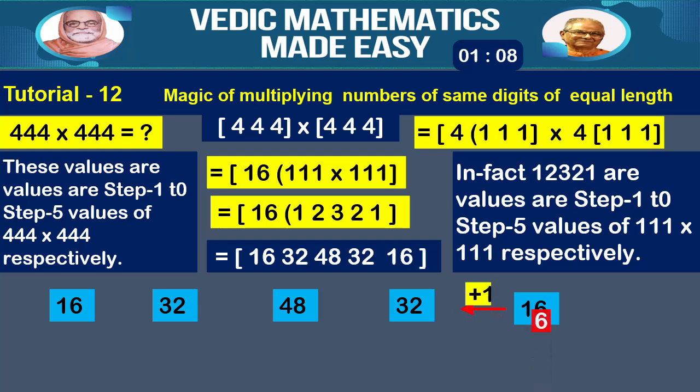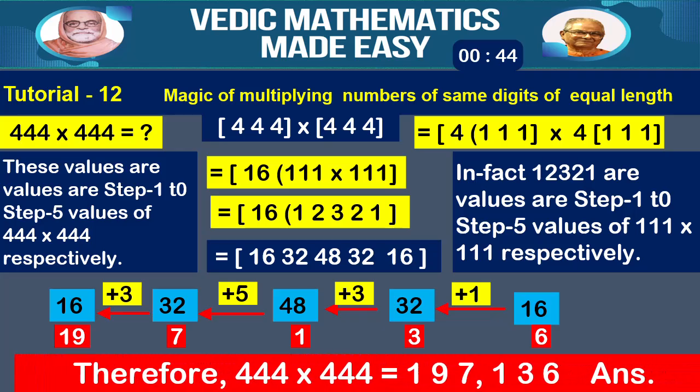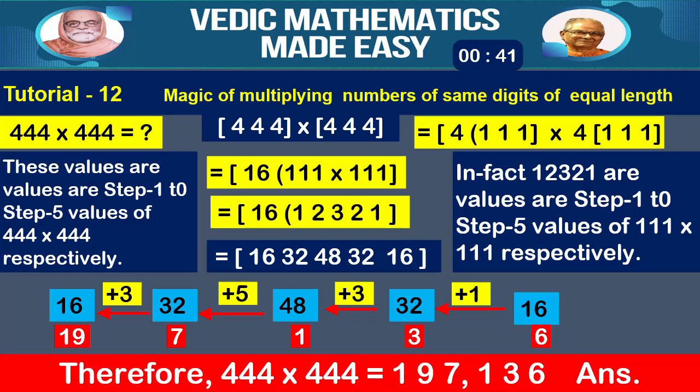Now, as usual, we must retain the unit digit in each step after performing the carryover process at every step. By doing so, we get 19, 7, 1, 3, 6. Therefore, 444 into 444 is equal to 197,136. That is the answer. Very easy and interesting, isn't it, friends?